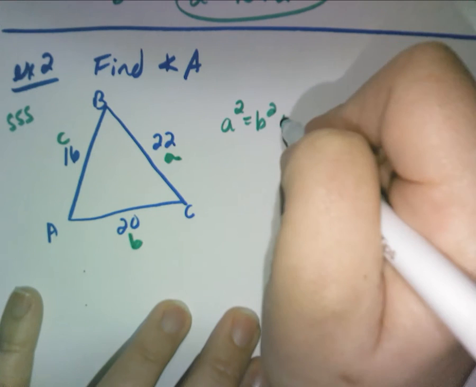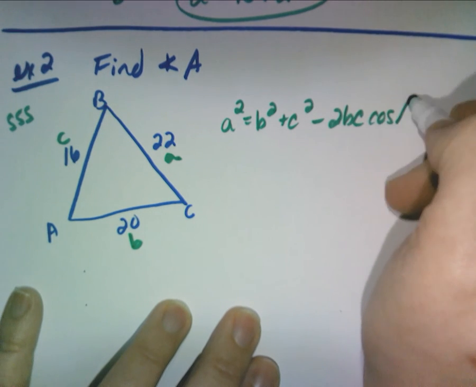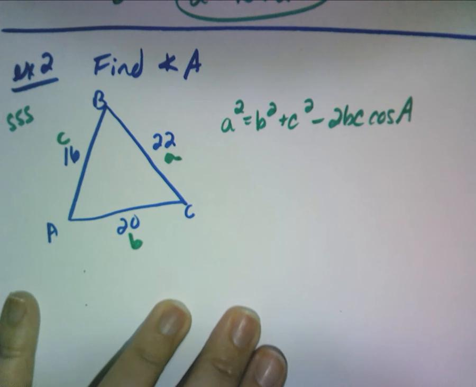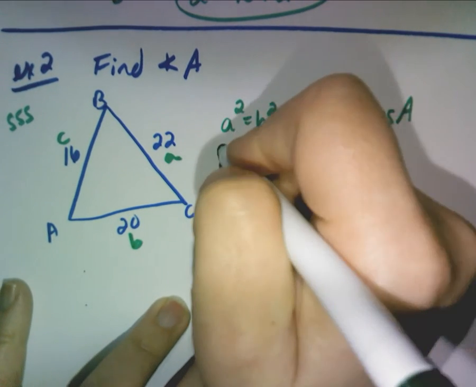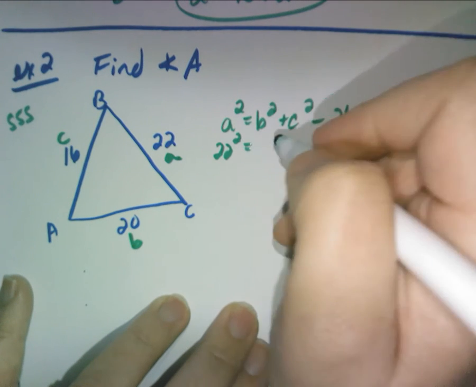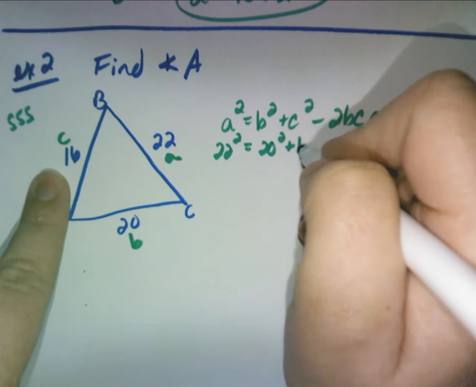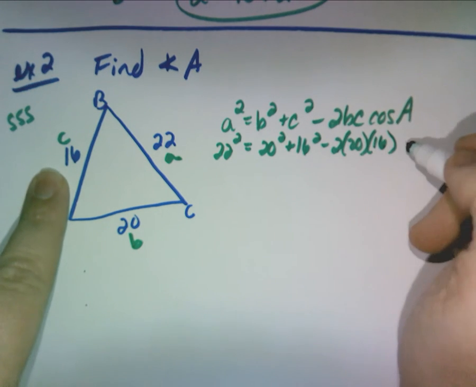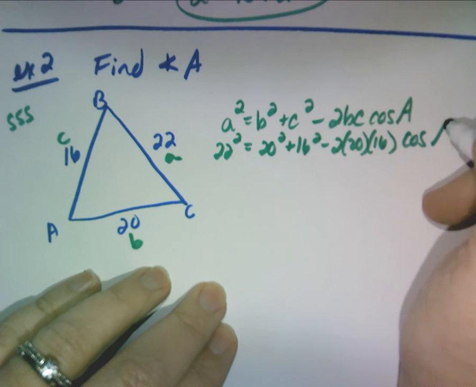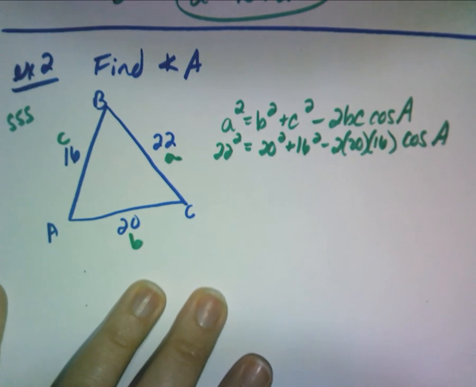And again, I like to write it out. It helps me memorize it. a squared equals b squared plus c squared minus 2bc cosine A. And now I just start putting my things in. So 22 squared equals 20 squared plus 16 squared minus 2 times 20 times 16 times cosine A. So this one you have to do a little bit different.